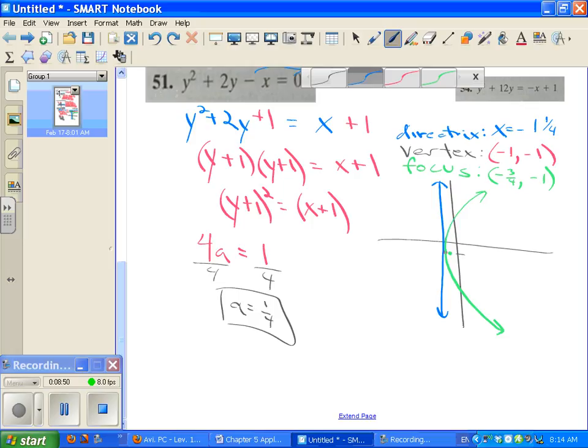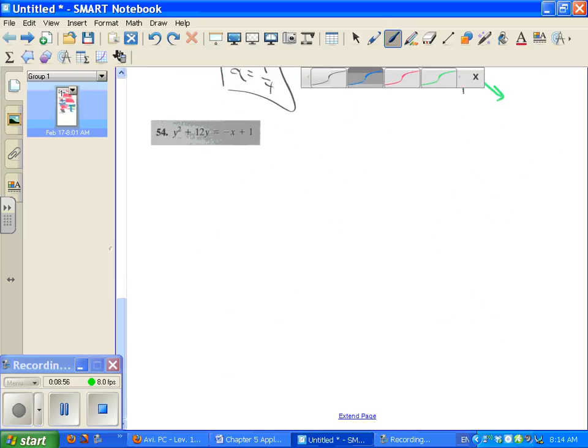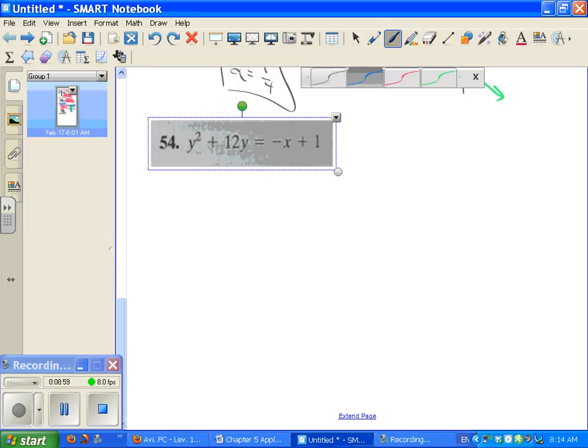All right, and then 54, similar. I've already got my x's and y's broken up. Is this a side to side or an up and down? Side to side. Okay, so I've already got the x's and y's broken up, so I just need to complete this one square. So it's going to be y squared plus 12y plus 36. Oh my gosh, that's a large number.